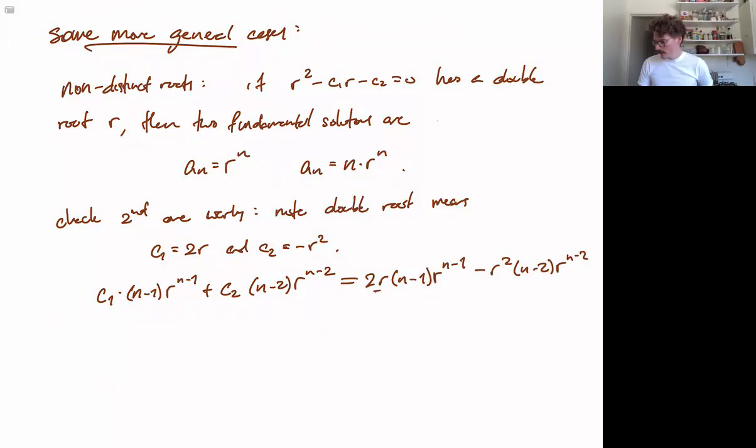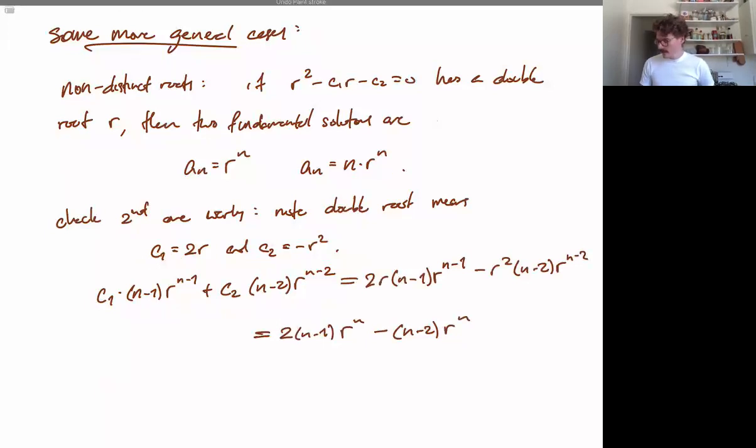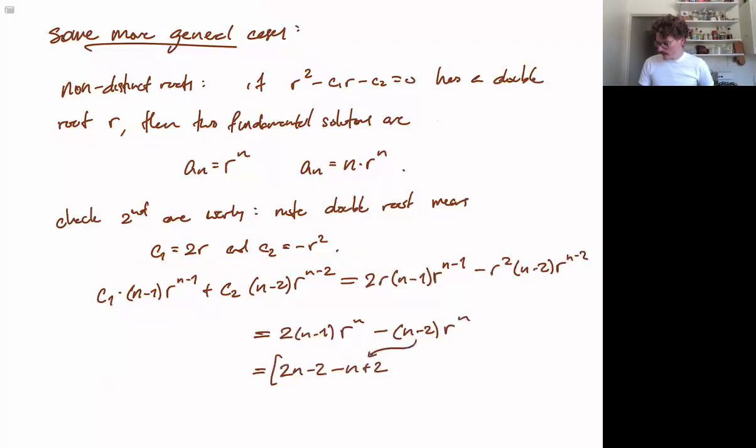And now we can combine these r's, and actually what we get in both terms is r to the n. So that's 2(n minus 1) r to the n minus (n minus 2) r to the n. So let's go ahead and factor that r to the n out. It's getting close to what we want. So we have, let me distribute this, 2n minus 2, and then distributing the negative, minus n plus 2, times r to the n.